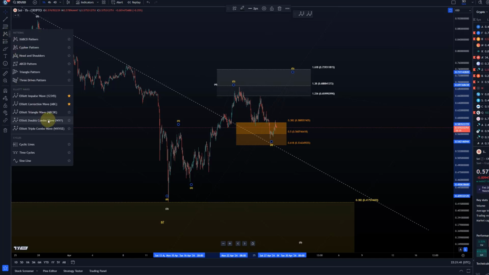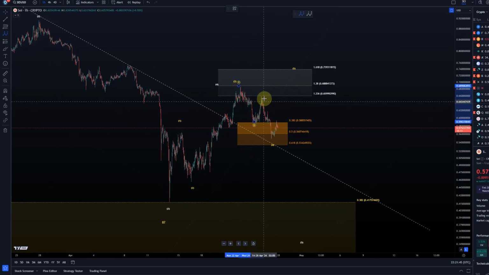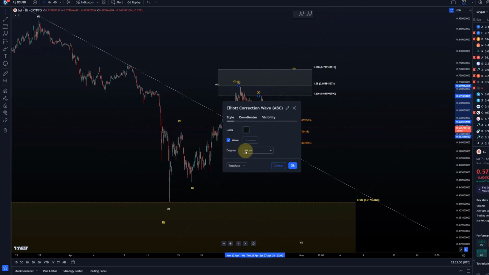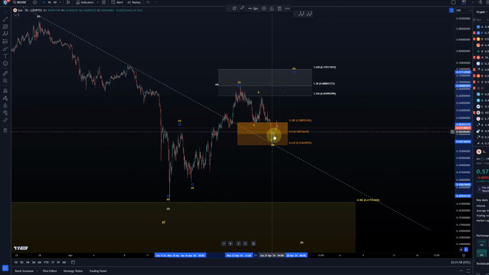Okay, if I add here an ABC structure, then you see A wave, B wave, C wave of 4, and typically we don't want a 4th wave to go below the 61.8 retracement in a diagonal. In an impulse, it shouldn't even break below the 50% fib level.